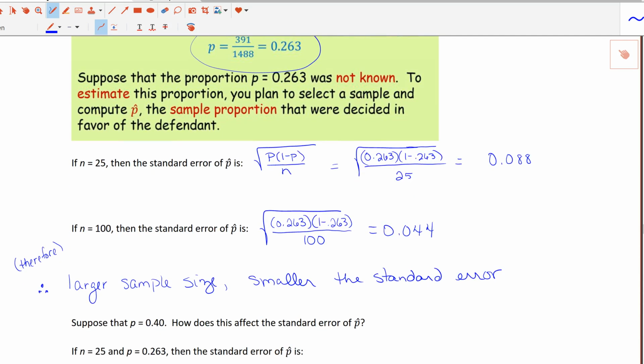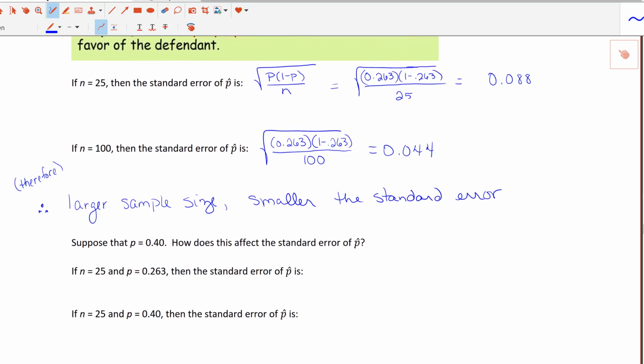So sometimes when statisticians are designing experiments, they need that standard error to be pretty small. And so they will figure out what sample size they would need to ensure that they have a very small standard error.